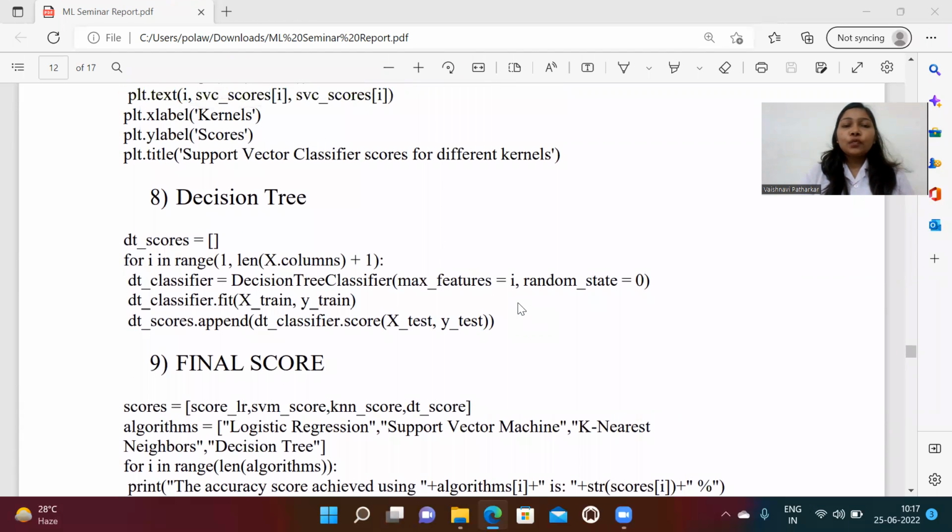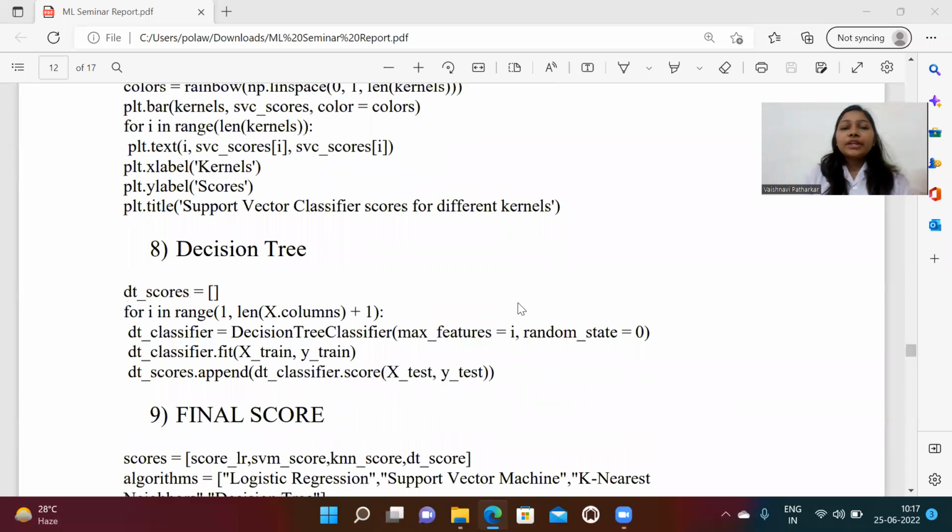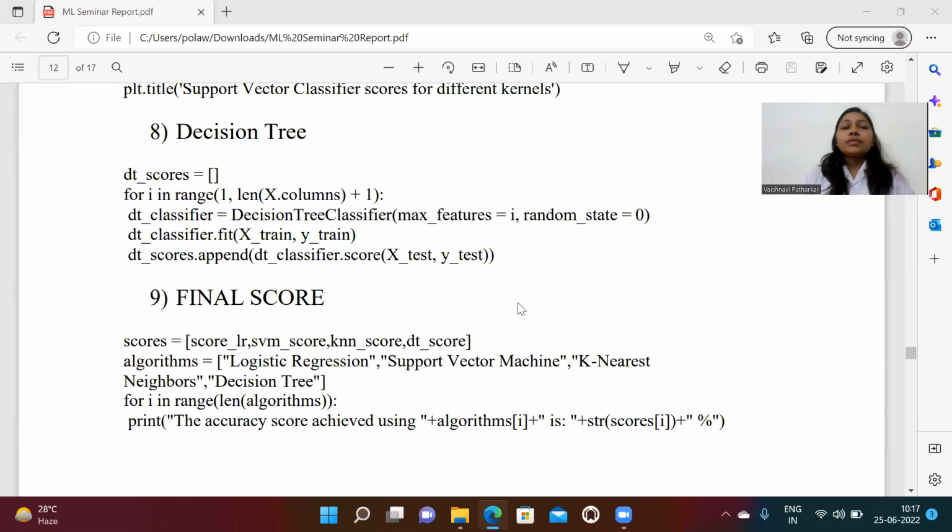So with the help of these four algorithms, we predict the final output for our project, which is the prediction of heart disease.